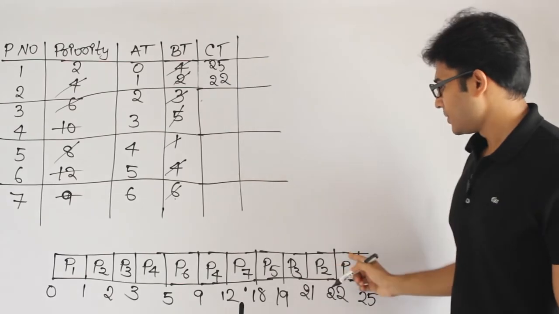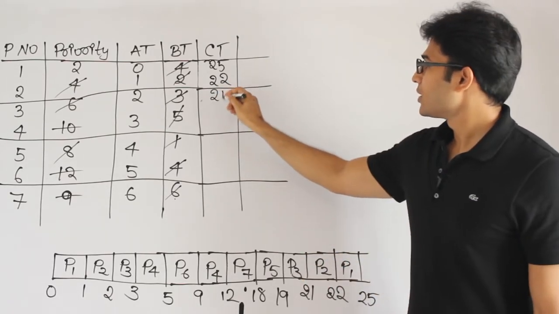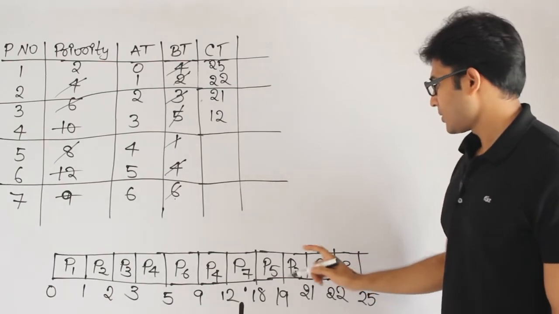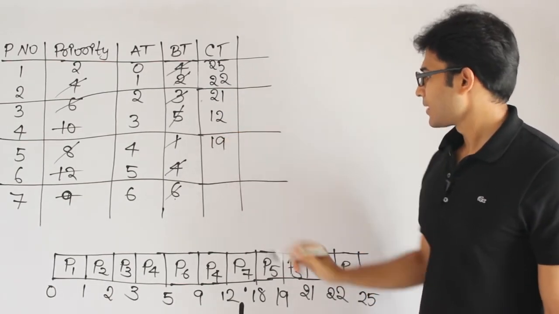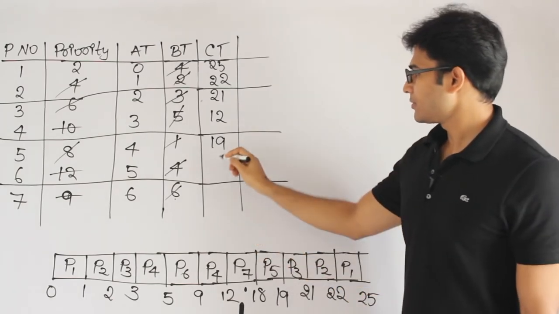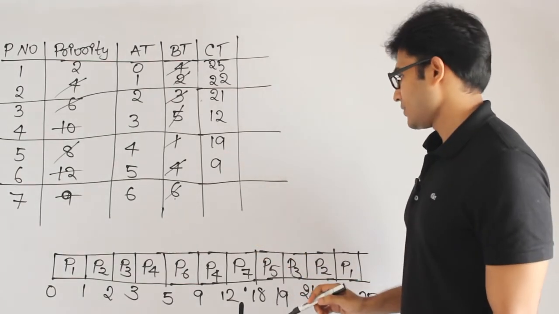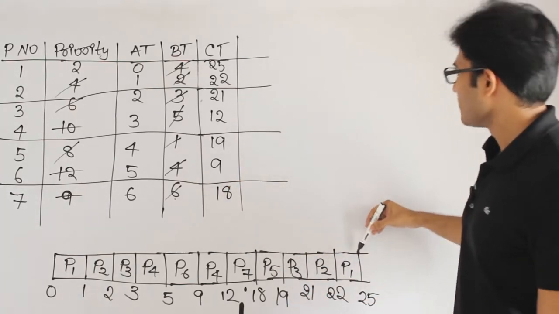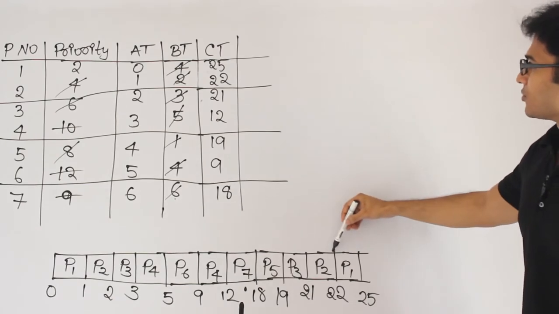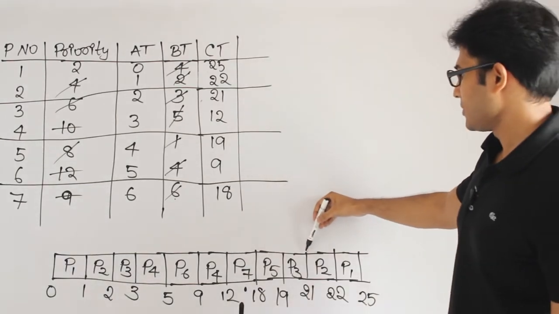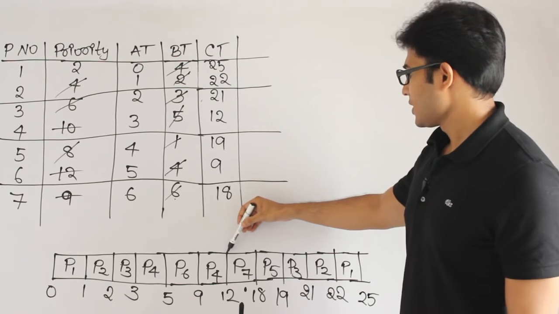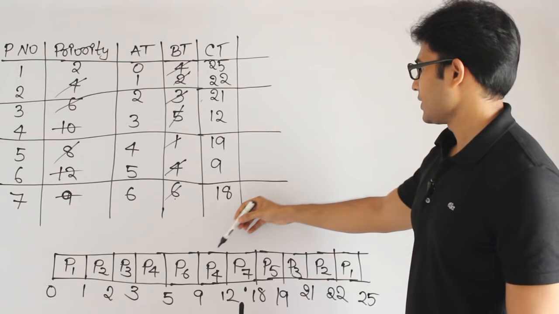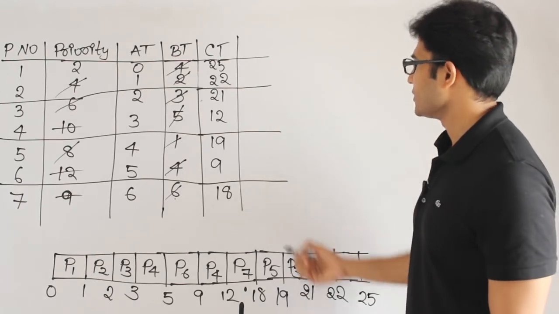And P3 got completed 21, P4 got completed 12, P5 got completed at 19, P6 got completed at 9, and P7 got completed at 18, isn't it? Let me check it. P1 is 25, P2 is 22, P3 is 21, and P4 is 12, and P5 is 19, and P6 is 9, and P7 is 18, right?